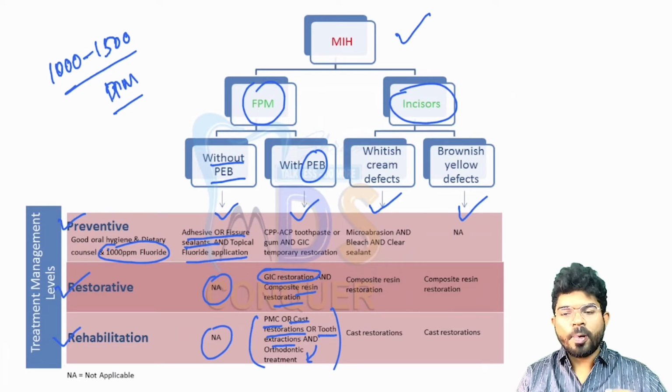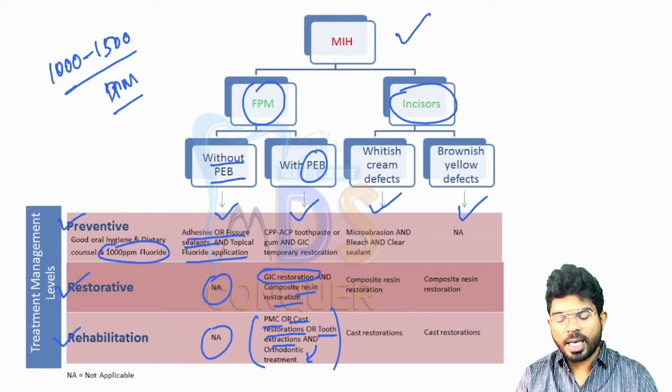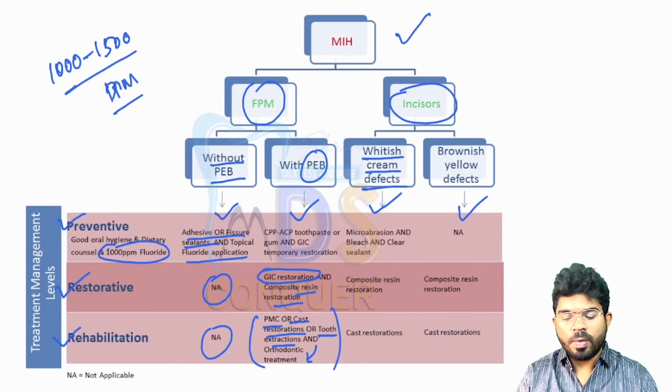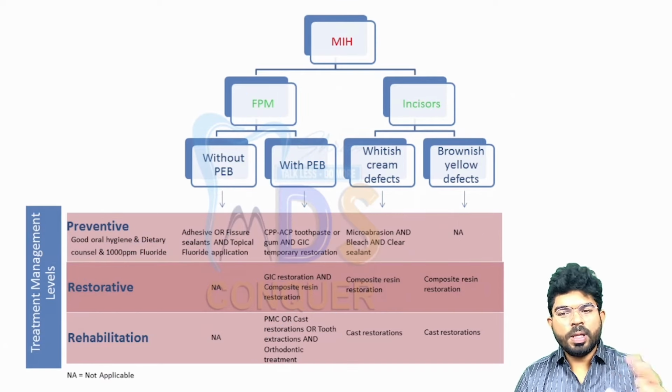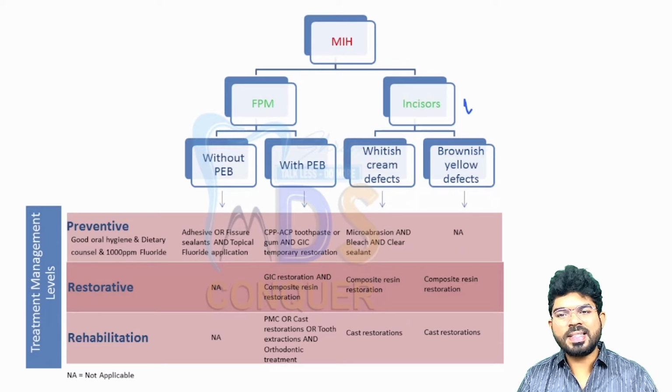Okay, the next important aspect is incisors. When you're talking about incisors, again you have two important aspects: one is the white creamy defect, and the second is the brown yellow defect. Right, so we are done with the molars. Now we are talking about incisors. The main concern for any one of us in incisors is aesthetics.